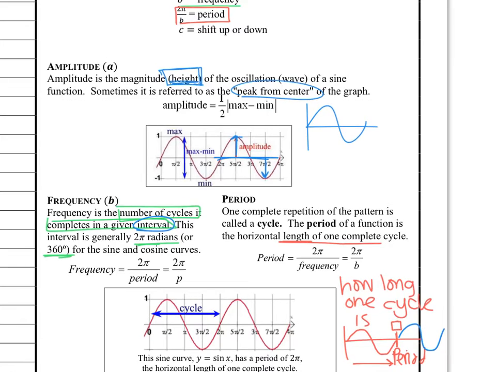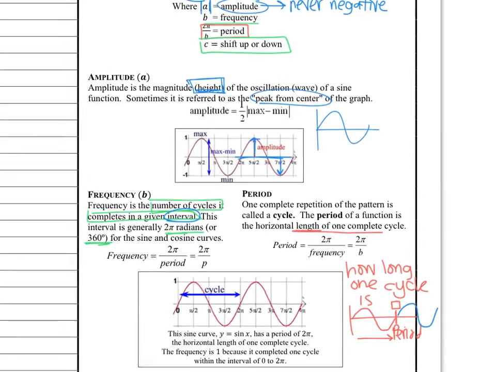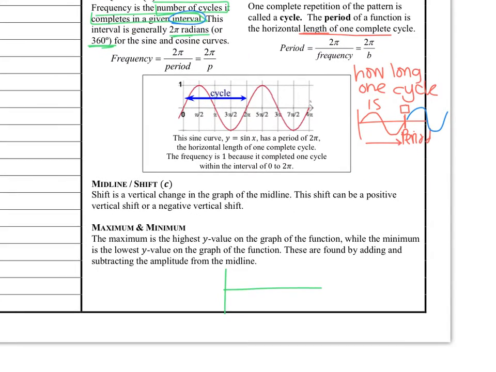And then the last piece here is the C value, the shift up or down. The C value is usually located on the end. It could be rearranged and put to the front, but it's the value that's added or subtracted onto the end of the function, and that shifts it up or down. You know how we were talking about that midline before? This could be set at the x-axis at 0, or we could shift it and say that the midline is going to be here, and then the graph shifts up.